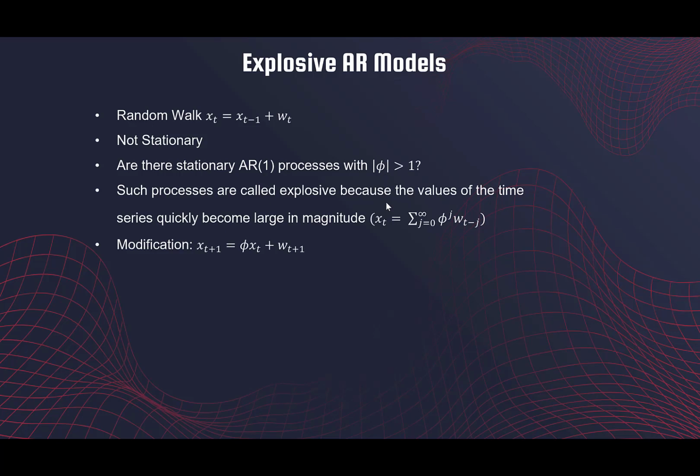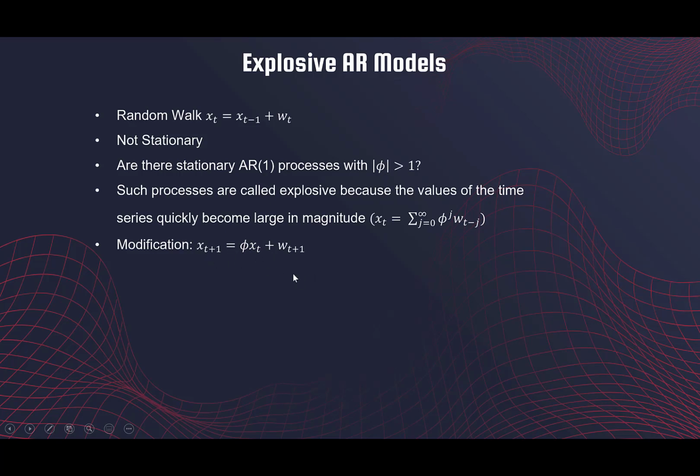Let's look at this a little more deeply. So this is an AR model, X_{t+1}. Instead of X_t and t minus 1, I'm just changing the time points, so it's t plus 1, W_{t+1}. And right now I'm assuming that phi is greater than 1.